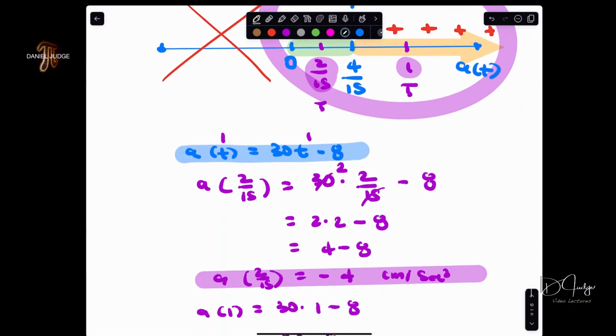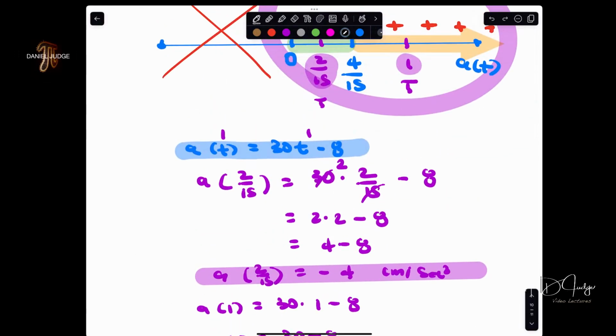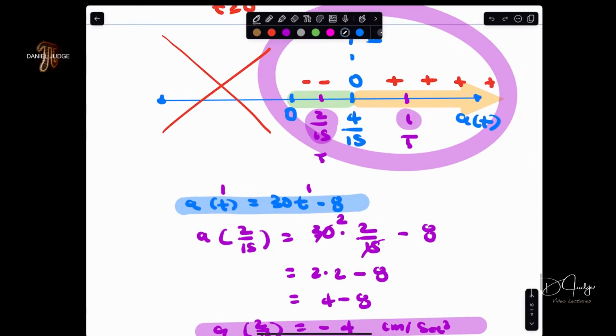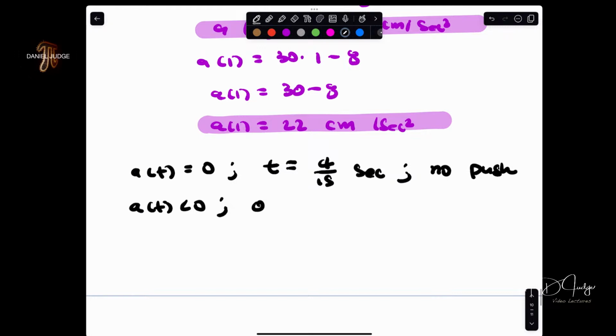So I'm going to say here, acceleration is negative for the values of t between 0 and 4 over 15. So here we go. And in that case, you have a left push or pull.